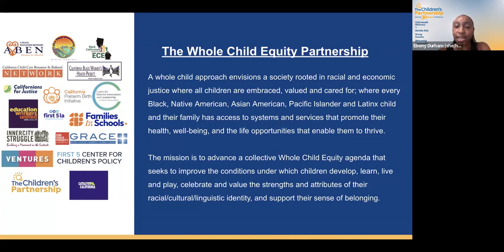The mission is to advance a collective whole child equity agenda that seeks to improve the conditions under which children develop, learn, live and play, celebrate and value their strengths and attributes of their racial, cultural, linguistic identity, and support their sense of belonging. To the right, you'll see the logos of all of the organizations that are part of this coalition.